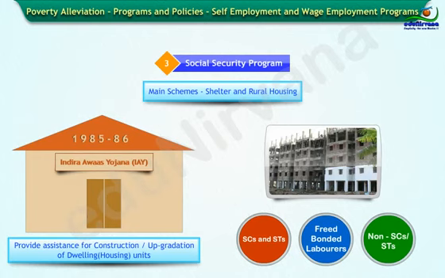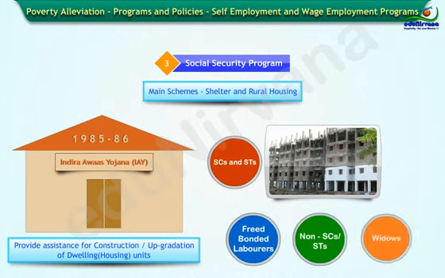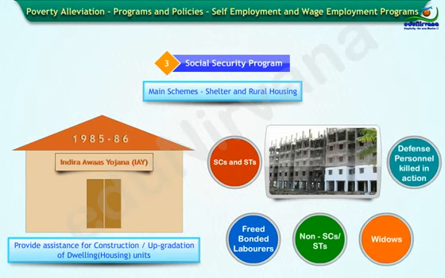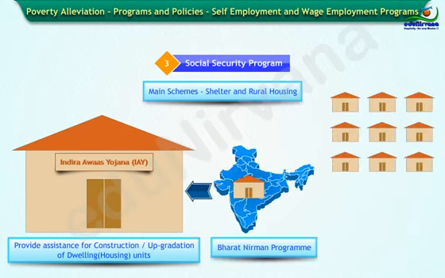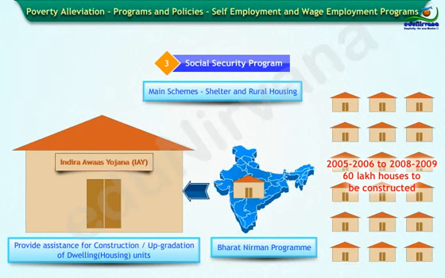From 1995-96, the IAY benefits have been extended to the widows or next of kin of defense personnel killed in action. IAY is also a part of Bharat Nirman program, under which 60 lakh houses were to be constructed during the 4 years, that is 2005-2006 to 2008-2009.